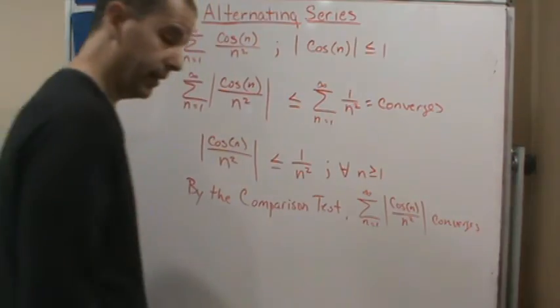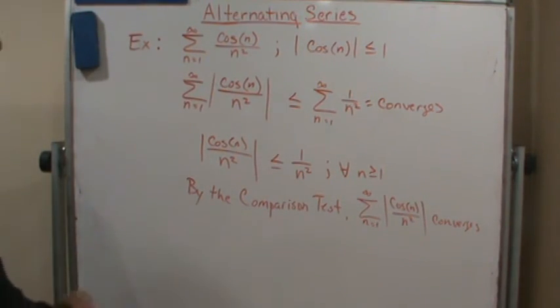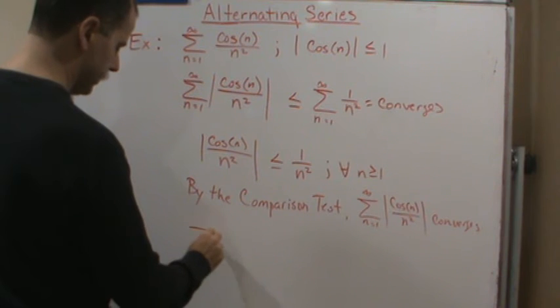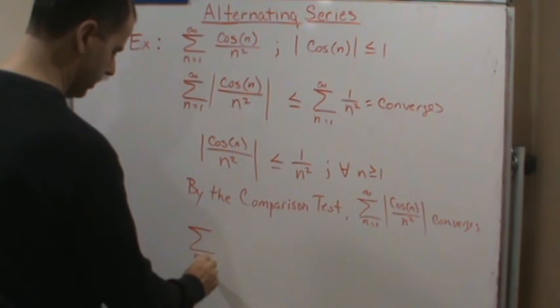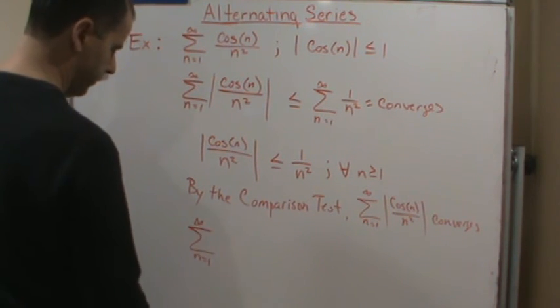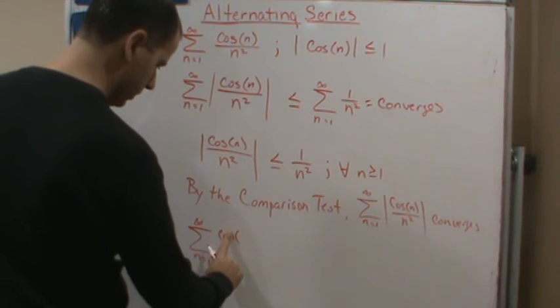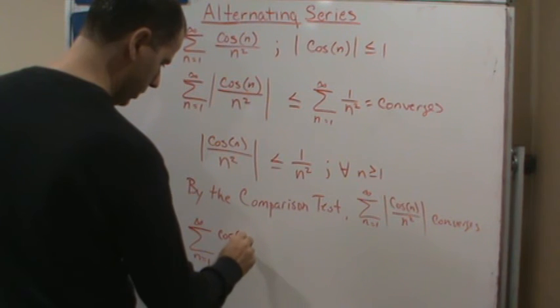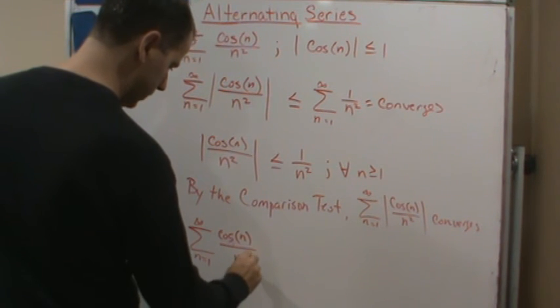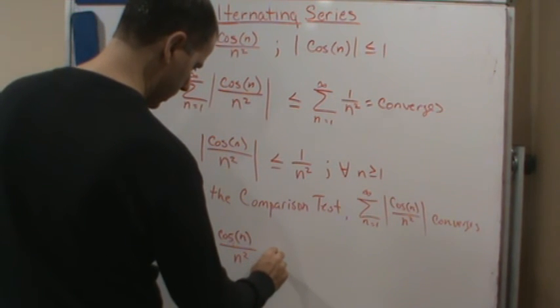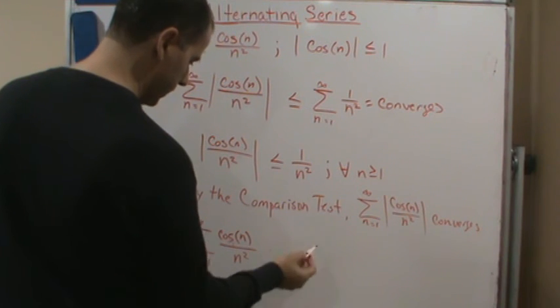And hence, by the theorem that we went over, the series from 1 to infinity of cosine n over n squared converges absolutely.